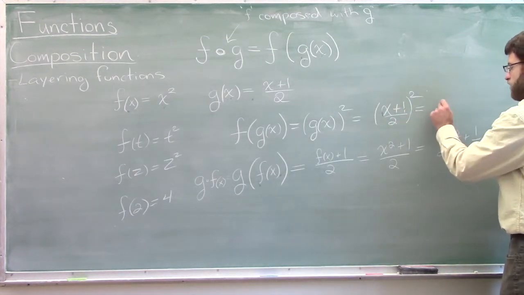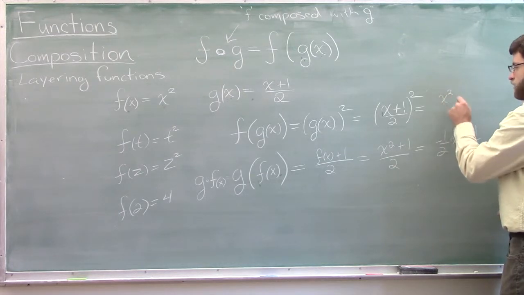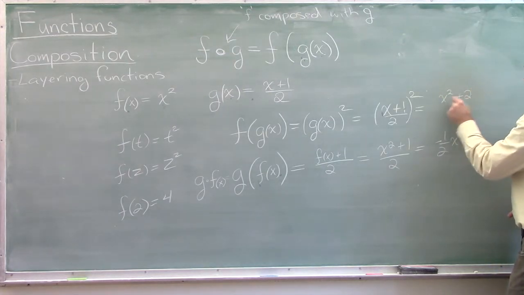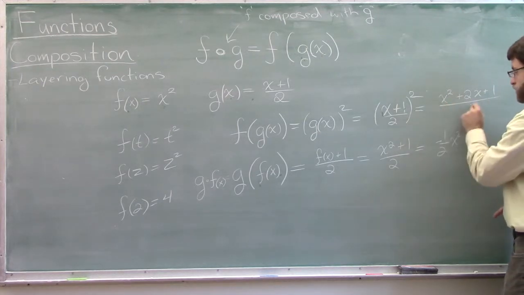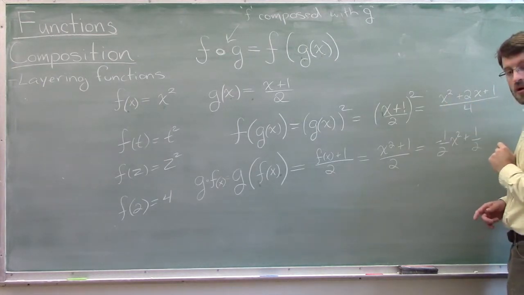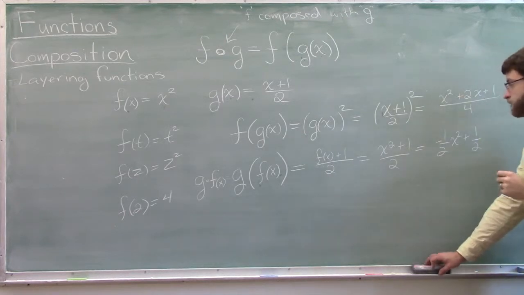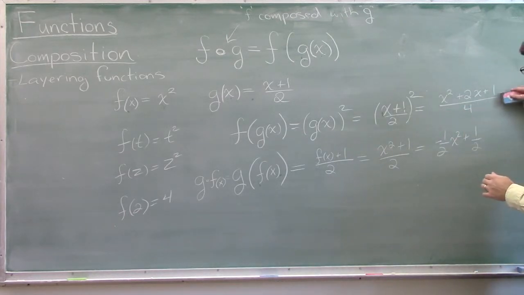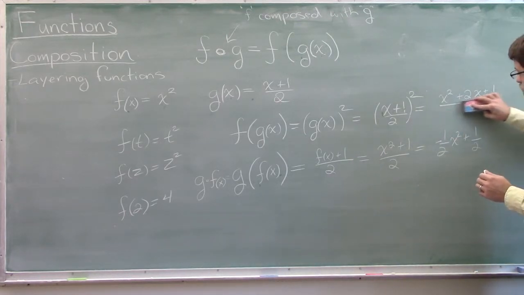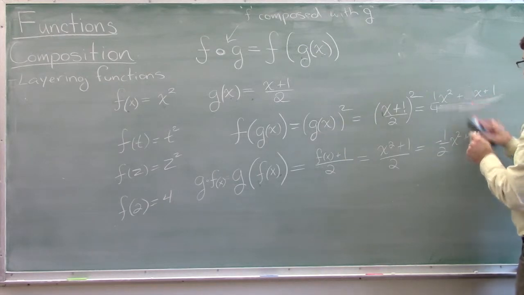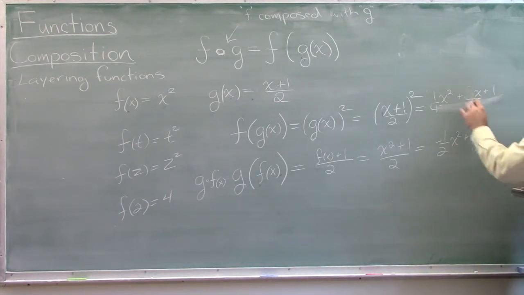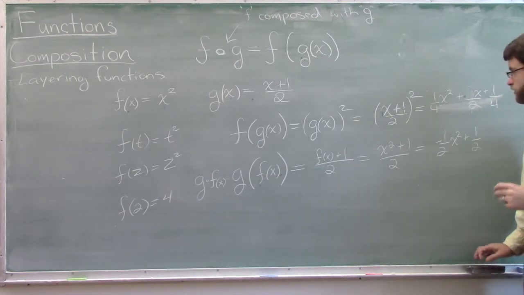If I work all this stuff out, the numerator multiplies out to give x squared plus 2x plus 1, and the denominator squared gives us 4. Okay? So if we take one more step and we distribute that division by 4 to all the terms, we get x squared times 1/4, x divided by 2 plus 1/4.